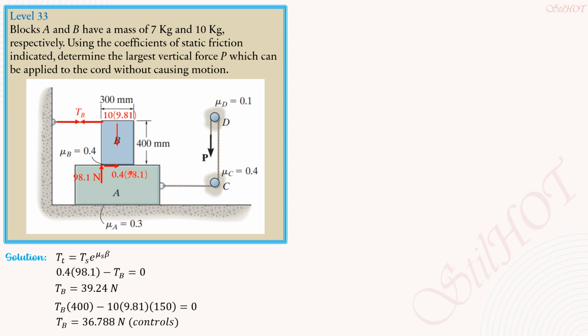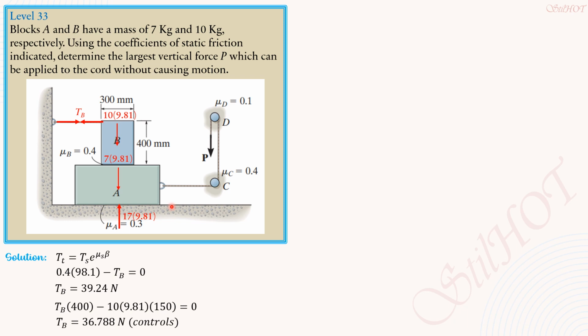Then we analyze A and B, applying the tension at B to determine the tension in AC. The normal reaction here is 17 because this is 7 kilograms plus 10. So let's remove the other forces. So the total normal reaction here is 17 times 9.81.